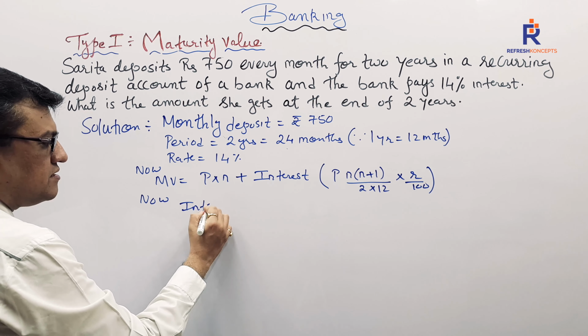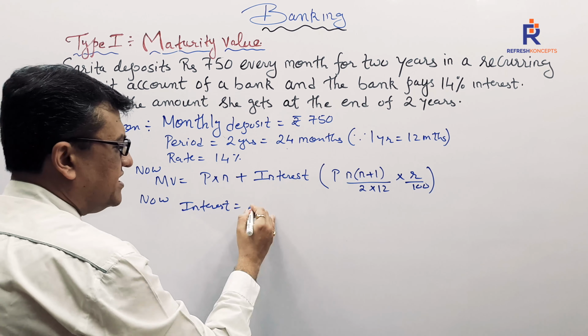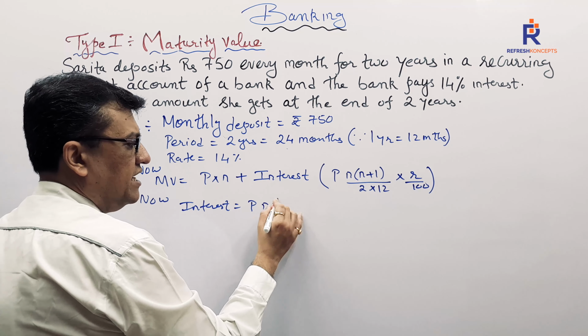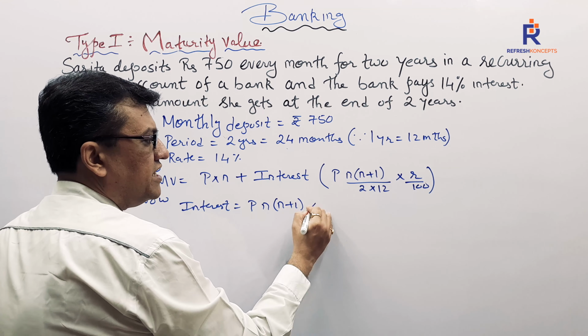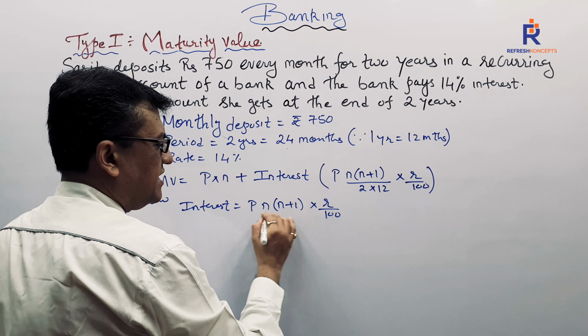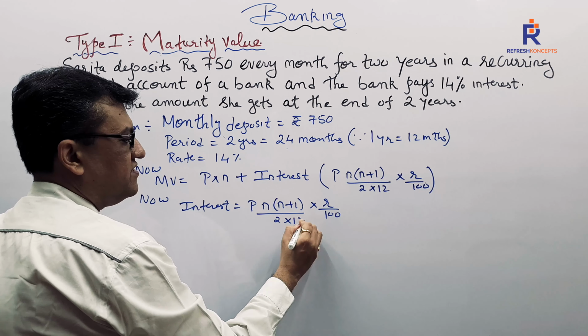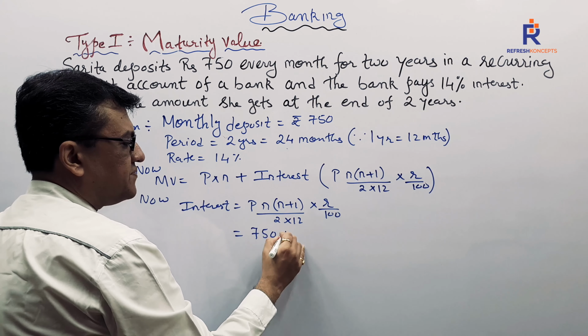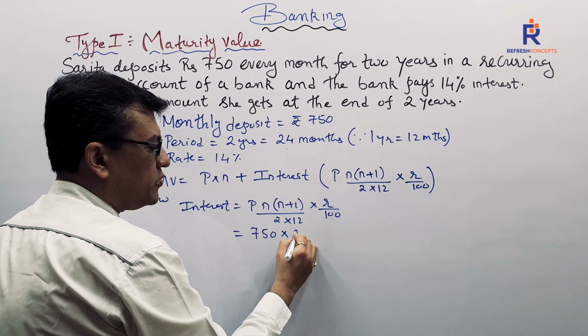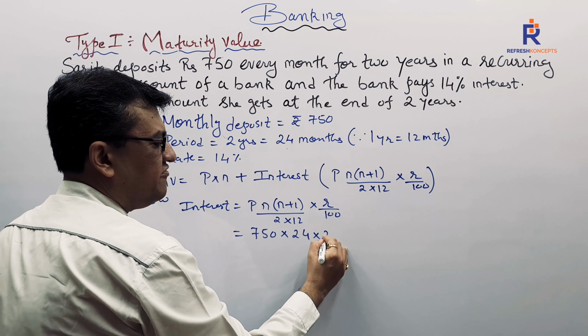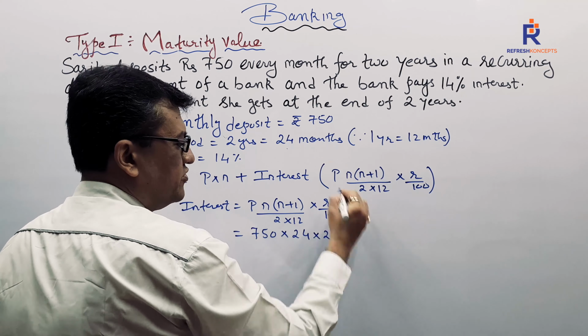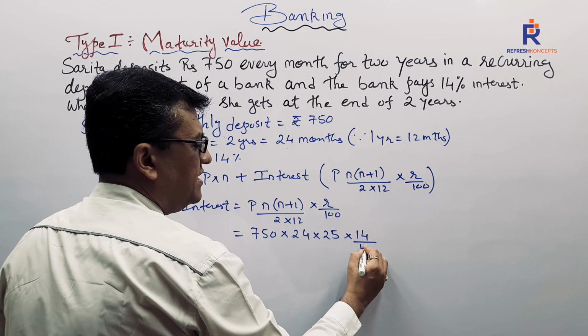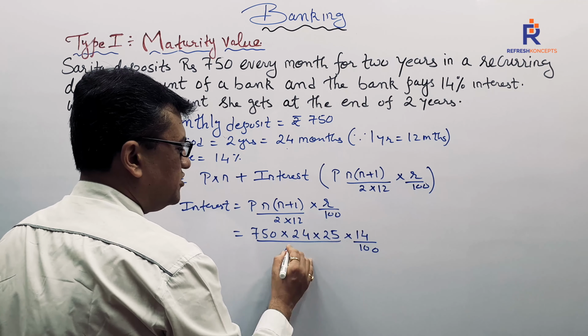So now, what is the interest? Interest is P n(n plus 1) into R by 100 upon 2 into 12. What is P? Monthly deposit 750, into how many months? 24. n plus 1, 24 plus 1, 25, into rate of interest 14 by 100 upon 2 into 12.